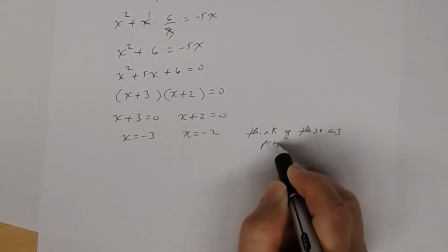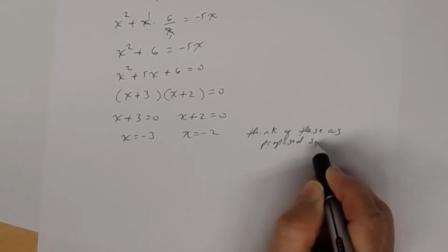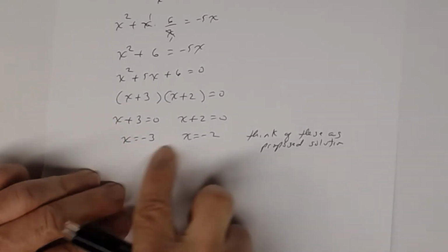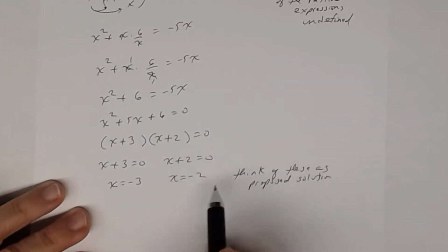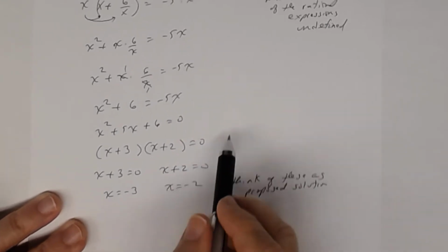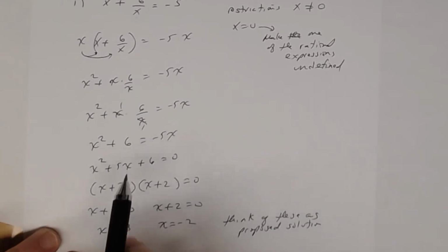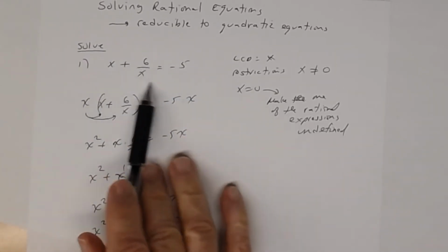All right, so these right here, x equal -3 and x equal -2, those are solutions to this quadratic equation right here.